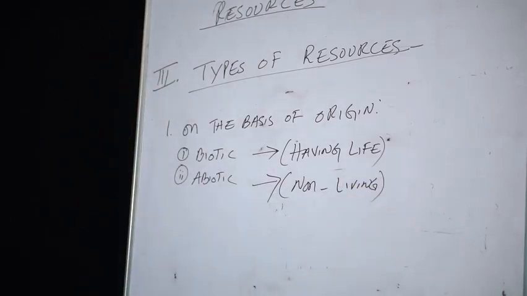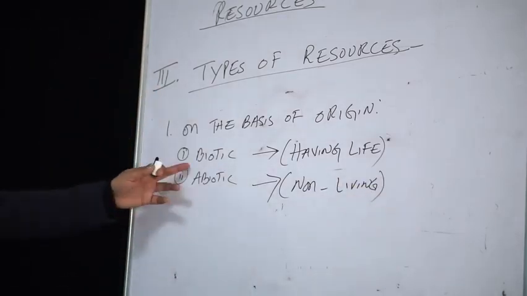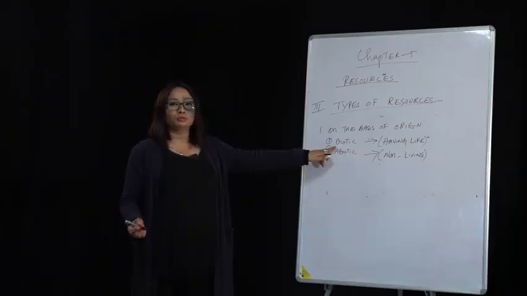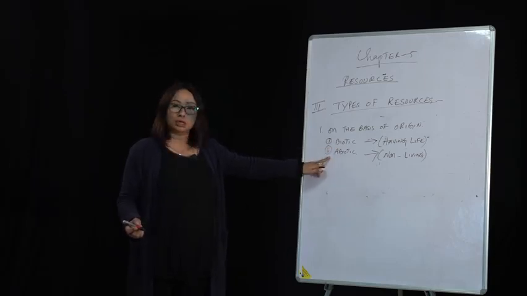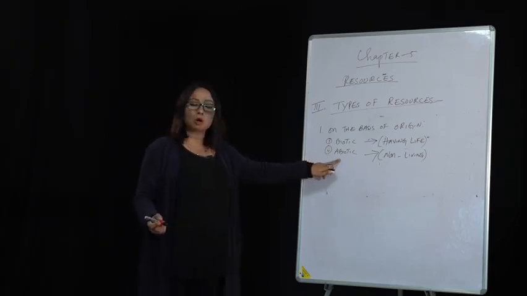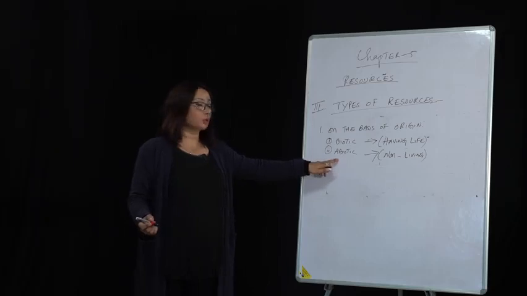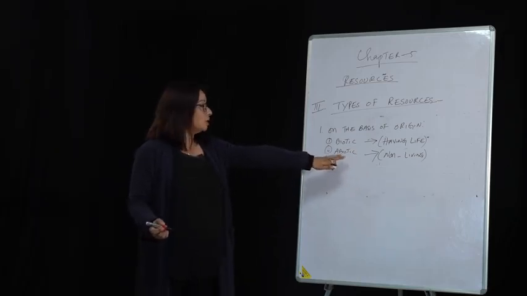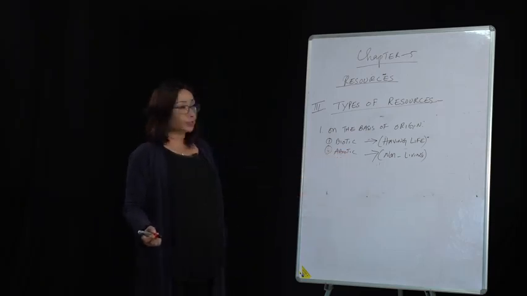So on the basis of origin, we classify resources as biotic, having life, or resources that we get from the biosphere. Example, I have already told you, try to recollect: human, fisheries, livestock, flora, fauna. Abiotic, non-living, these are composed of non-living objects. These are rocks, minerals, all this land comes under non-living or abiotic.